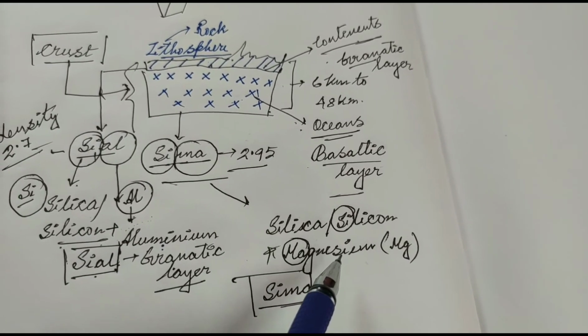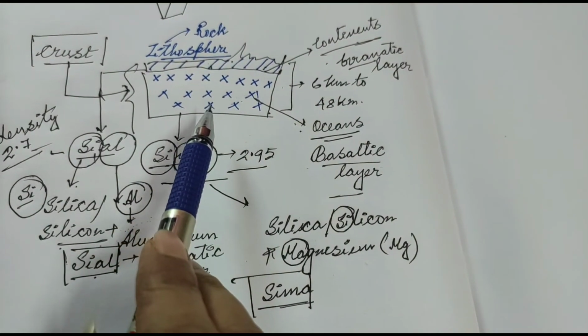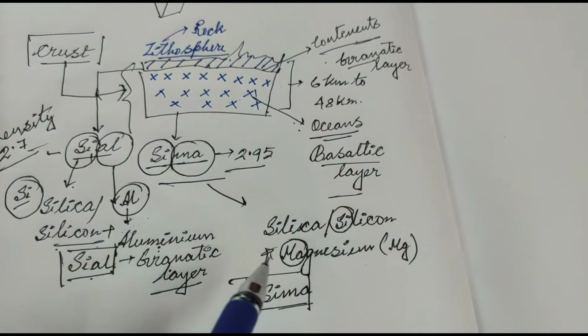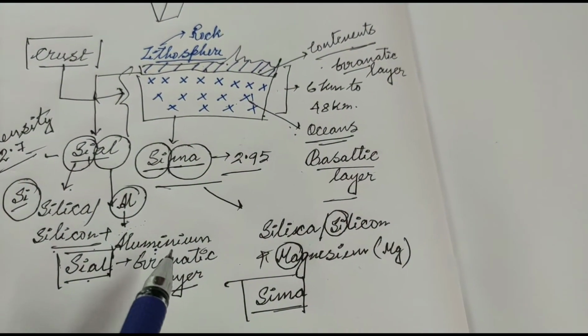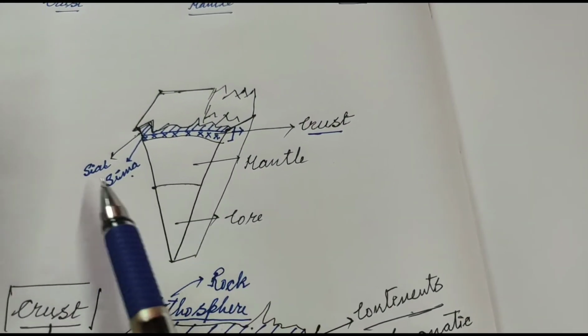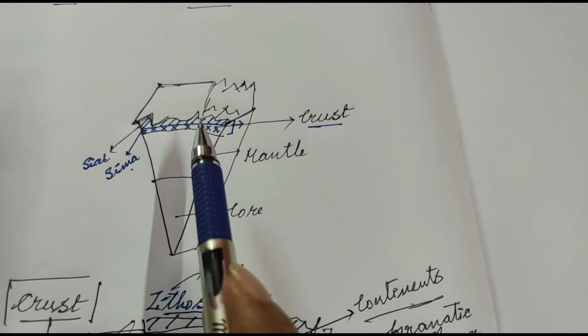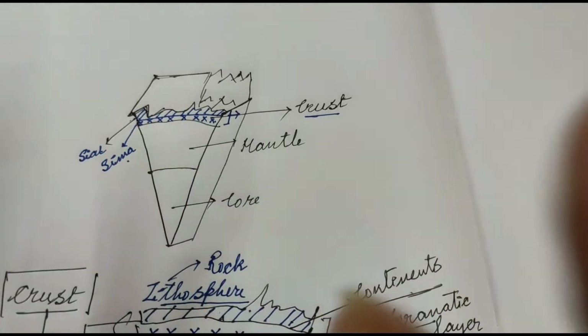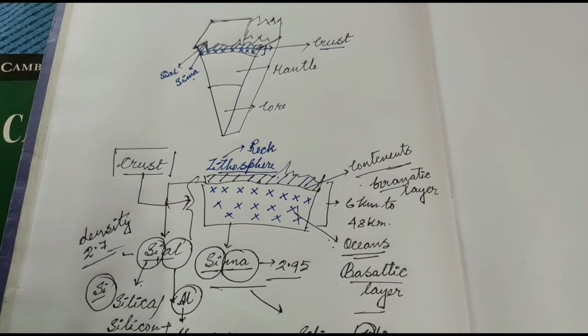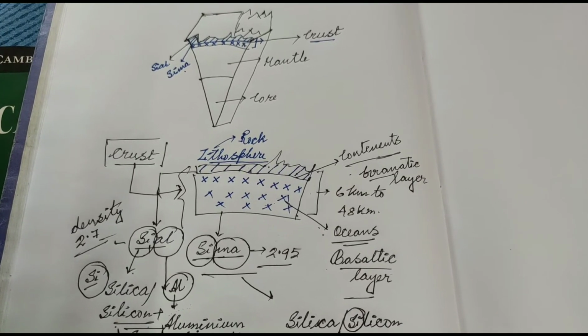Magnesium is much heavier. So that is why magnesium is in the down part, means the lower crust, that is Sima. And aluminium is less heavy, so it is in the upper part. So that is why Sial is in the upper part and Sima is in the lower part. So now I hope you have understood about the crust. This is the crust.